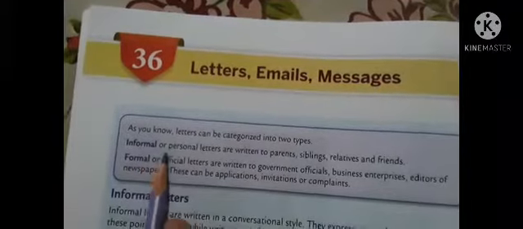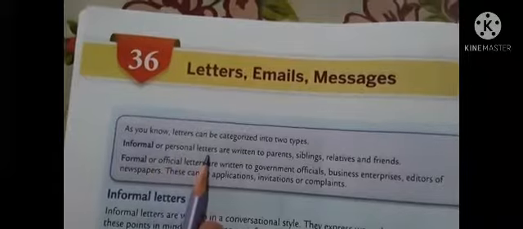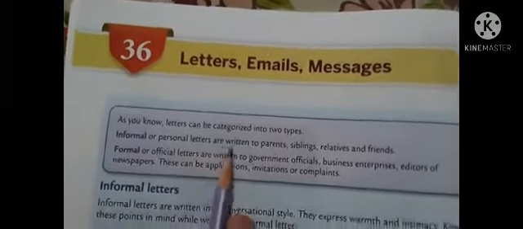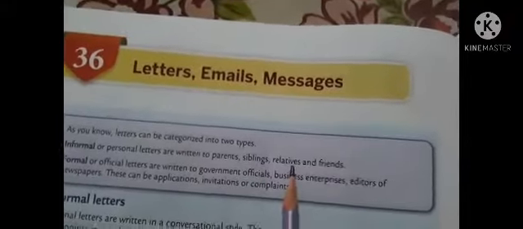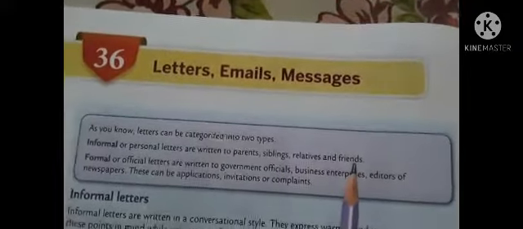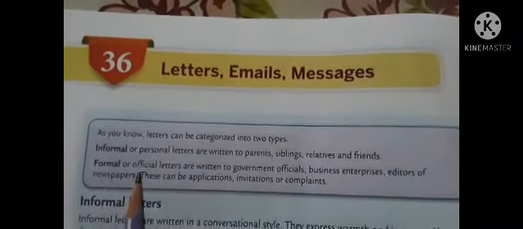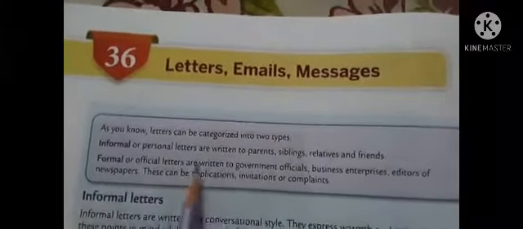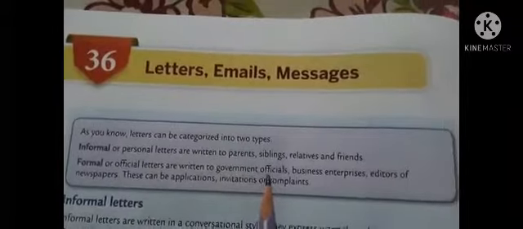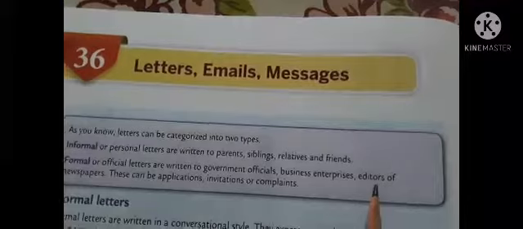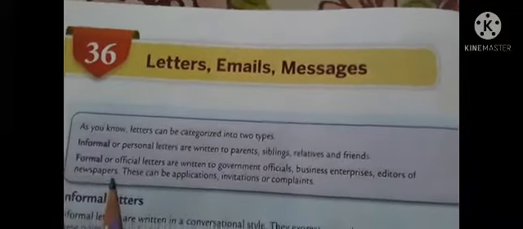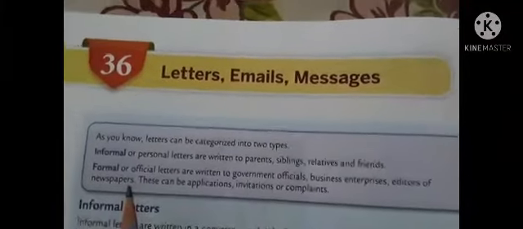What is informal or personal letters? They are written to parents, siblings, relatives, and friends. Whereas formal or official letters are written to government officials, business enterprises, editors of newspapers.